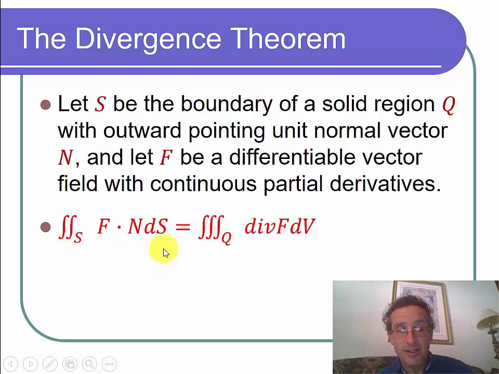The flux integral, the surface integral over the surface S of F dot n dS, is equal to the triple integral over the solid Q of the divergence of F dV. And remember, the divergence of F was the sum of the partial derivatives of F with respect to x, y, and z for each component respectively. We'll have plenty of examples today.